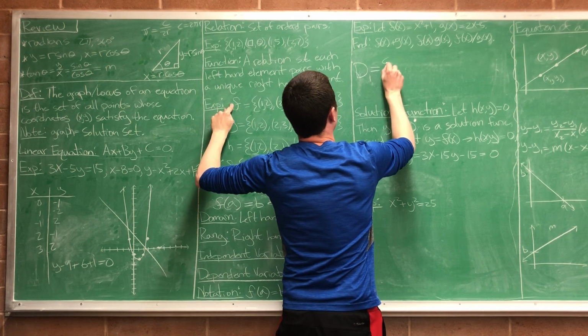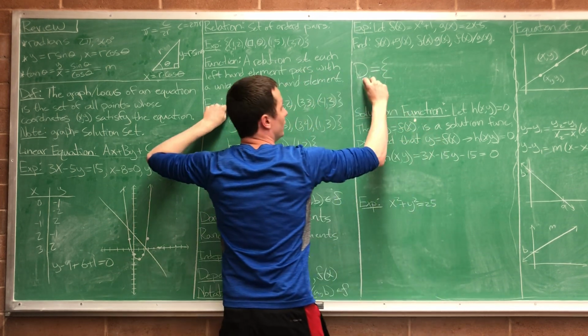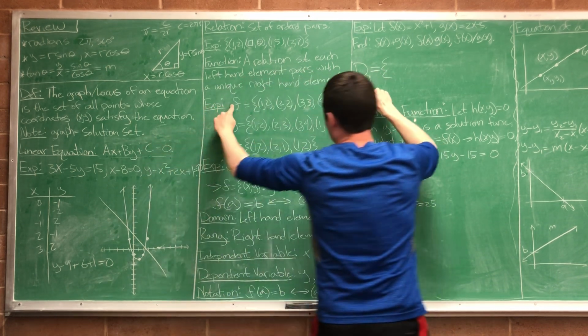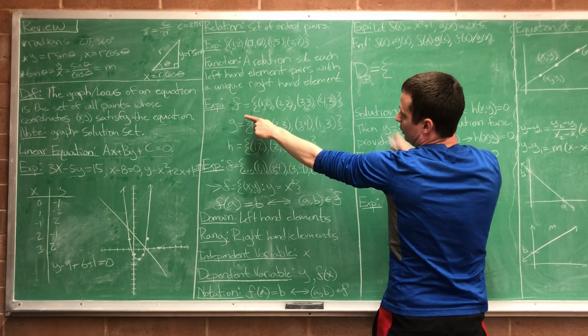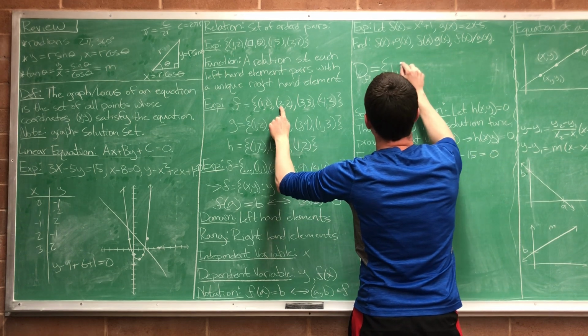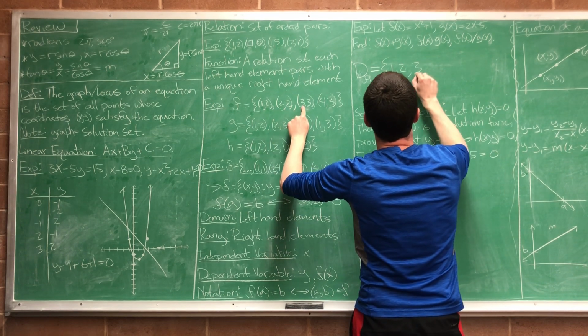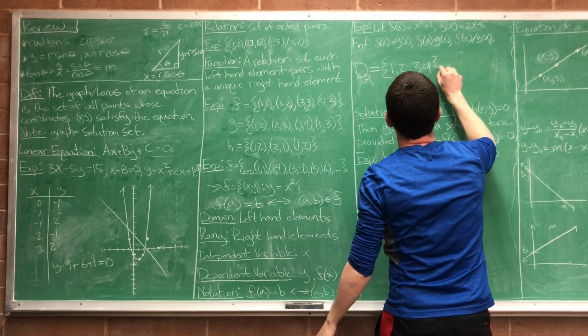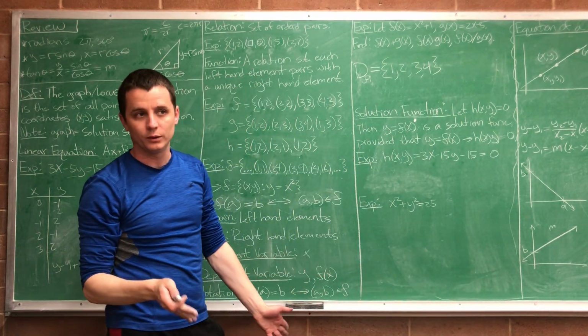Maybe put a subscript f here to remind us that that's the function we're talking about. The domain of f is equal to, let's look at all its left-hand elements: it has a 1, a 2, a 3, and a 4. So the domain of f is the set 1, 2, 3, 4.